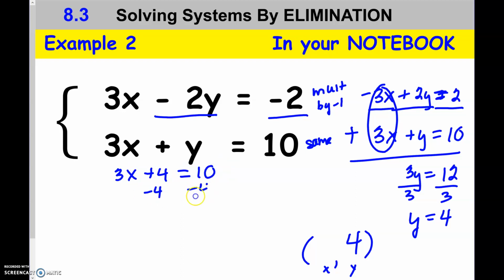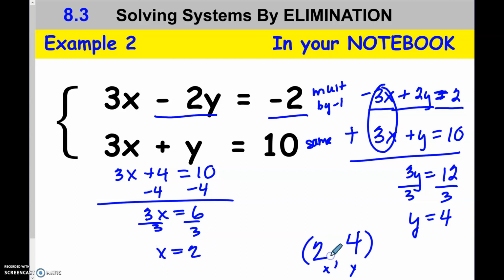We're going to subtract 4 from each side, so 3x equals 6, and we're going to divide both sides by 3. So x is 2. All right, so our final solution is 2, 4. Again, after we multiply the top equation by negative 1, we ended up eliminating the x values.